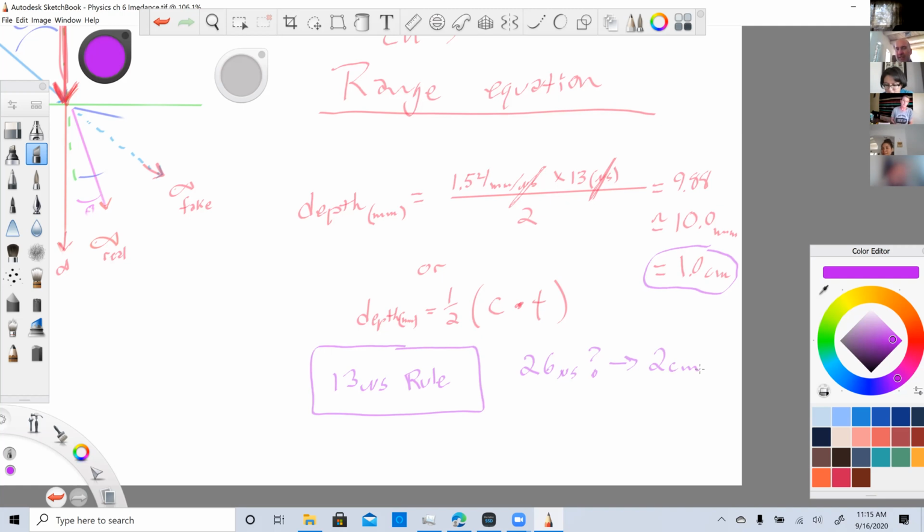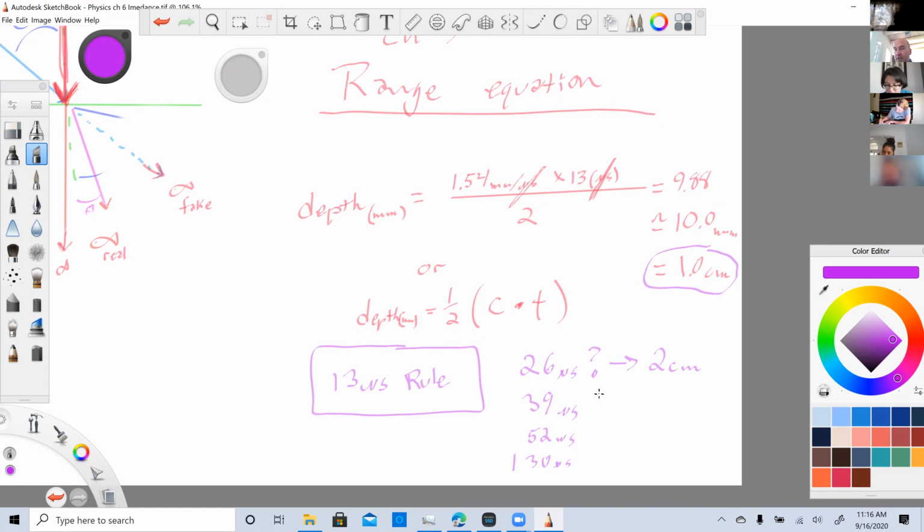The reflector depth is all we really care about. The first row of this table, or the first column, the middle column: 26, 39 microseconds, 52 microseconds, 130 microseconds, and it's just a matter of how many times 13 goes into each one of those. 13 goes into itself once, so that's 1 centimeter.